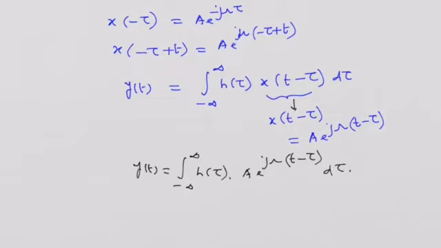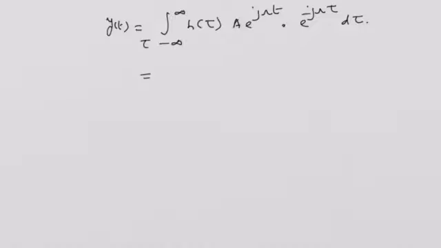You can decompose the exponential terms so that y of t is equal to the integral from minus infinity to plus infinity of h of tau into a e power j omega t separately and e power minus j omega tau separately. Now you can see that the integration is completely over tau. So a e power j omega t is taken outside.